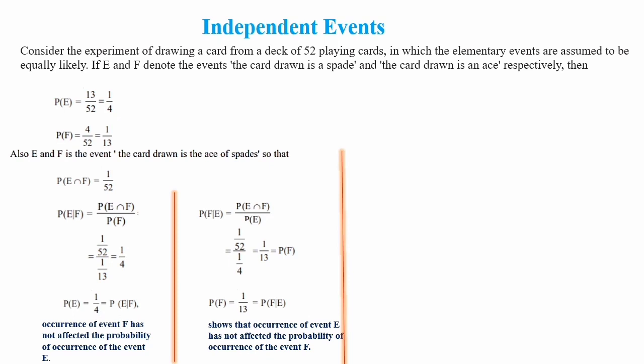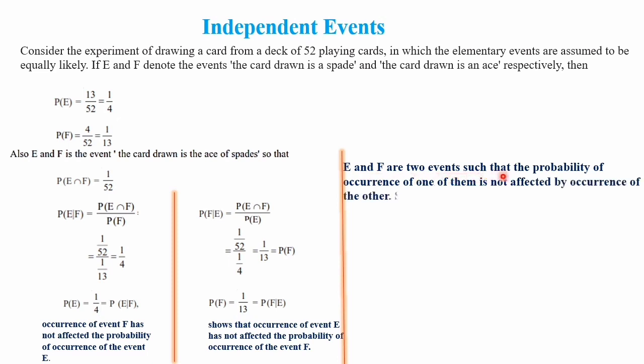By observing these two conclusions, we reach the final conclusion: E and F are two events such that the probability of occurrence of one of them is not affected by the occurrence of the other. Such events are called independent events.